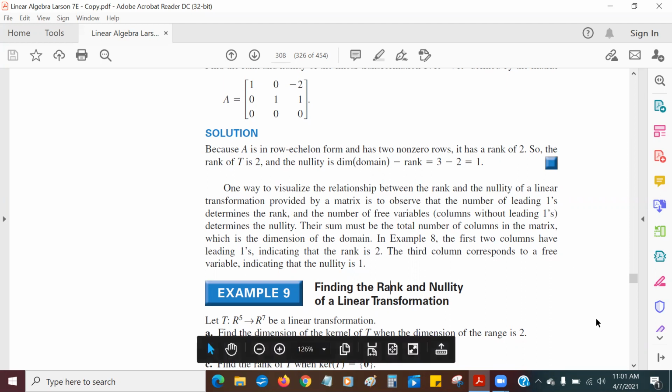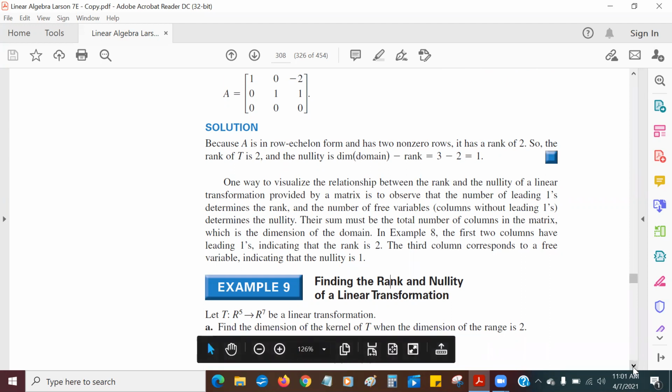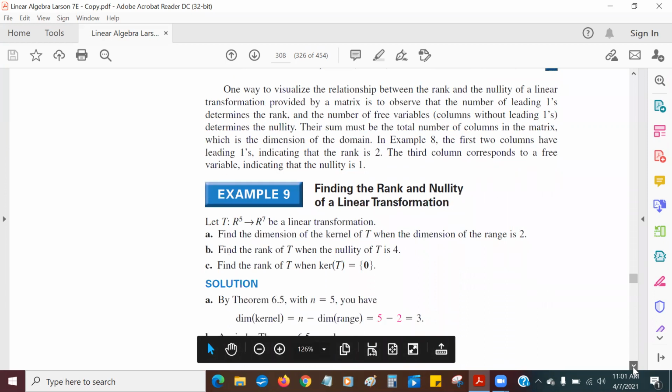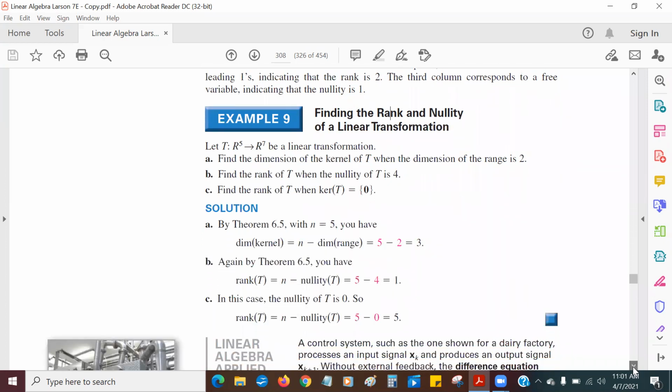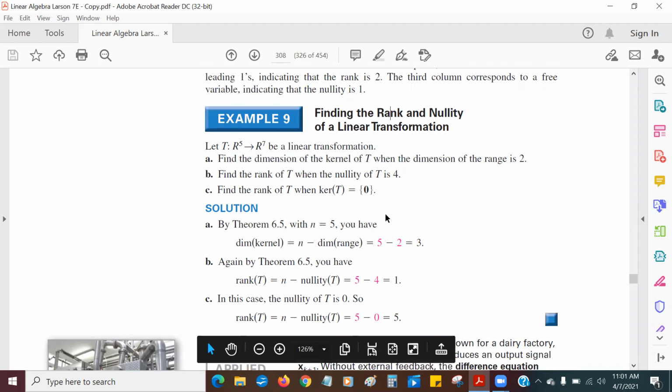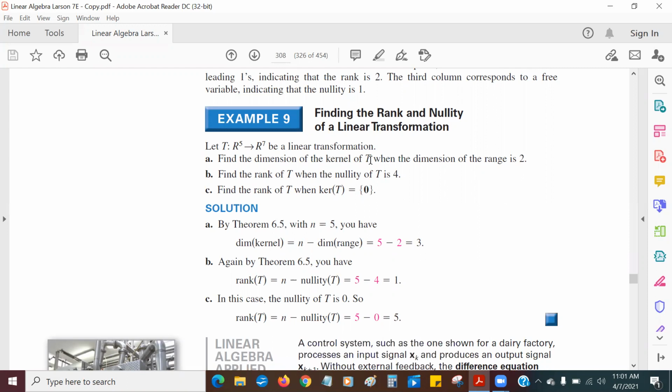So let's find the rank and the nullity of a linear transformation. Here we go. Example 9. T is a transformation from R5 to R7. We want to find the dimension of the kernel of T if the dimension of the range is 2.